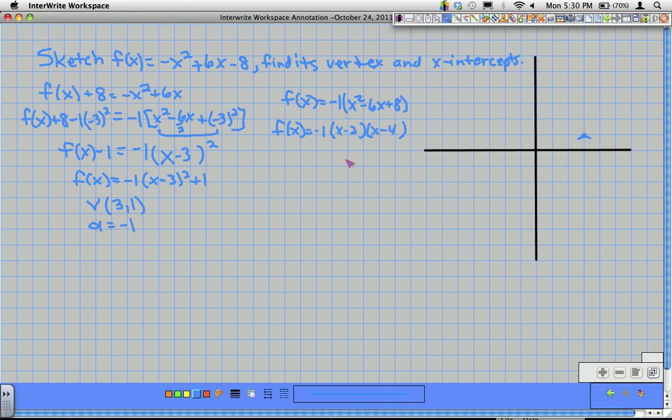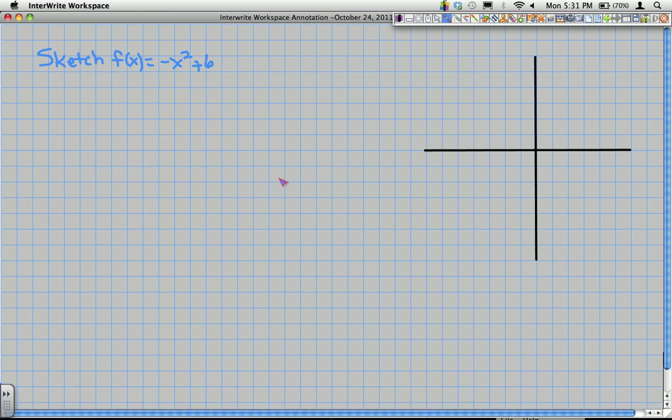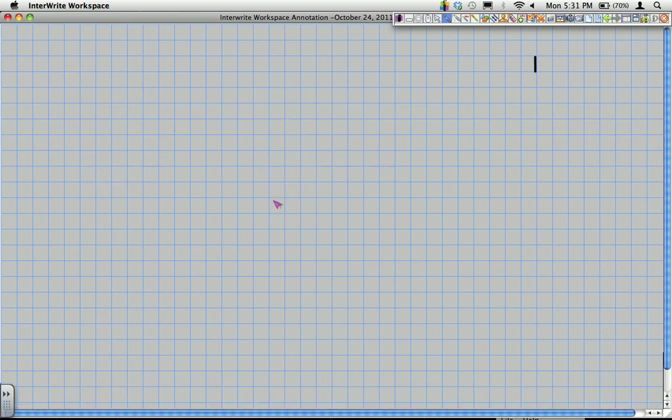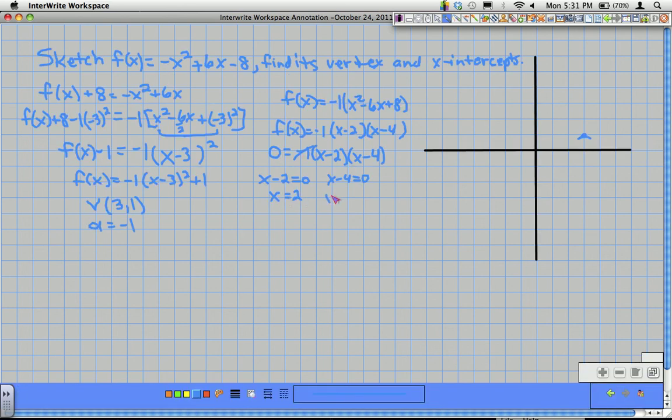So if we set each of those equal to 0, once we divide this out, we're going to get 0 equals -1 times x minus 2 times x minus 4. So if I divide out -1, I'm just going to be left with x minus 2 equals 0, x minus 4 equals 0, and then I can simplify to get x equals 2, x equals 4.